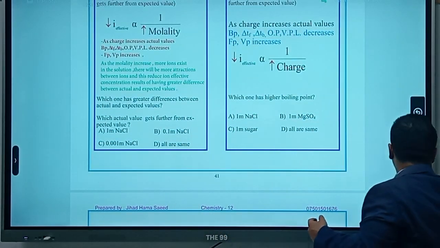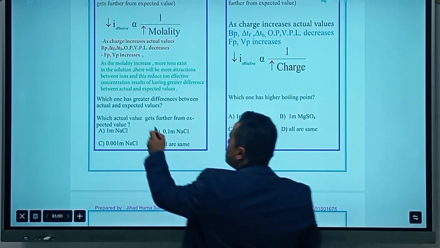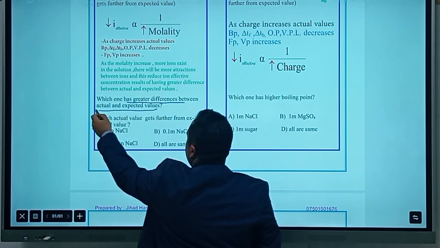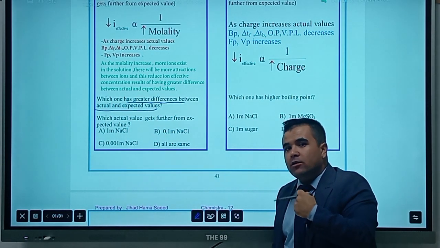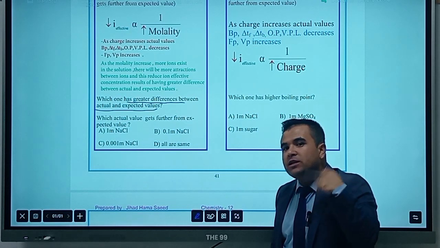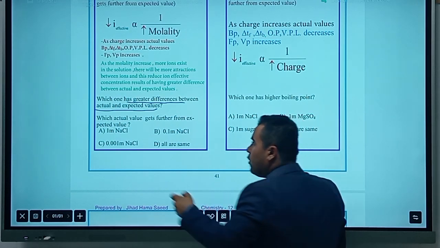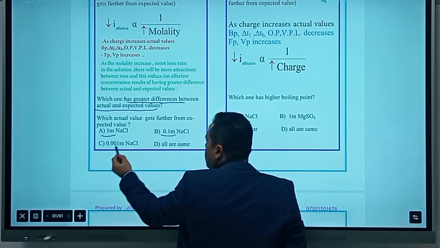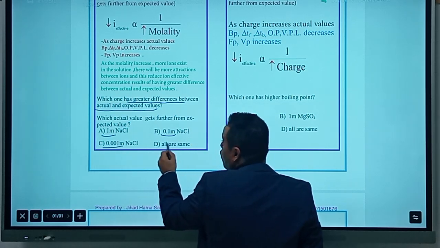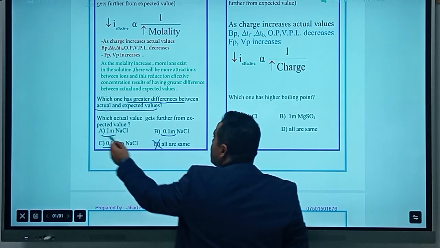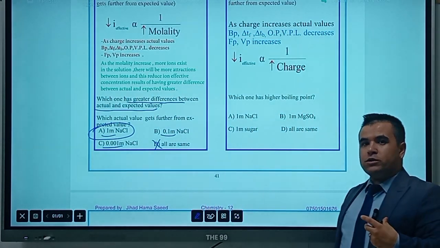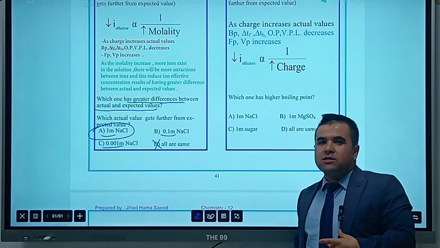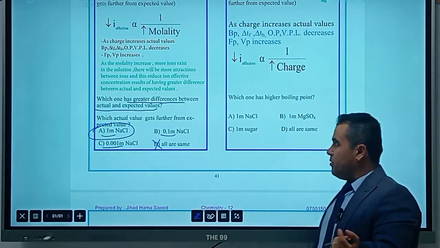Which one has a greater difference between actual and expected values? Of course, the highest molality represents the highest difference. 1 molar, 0.1 molar, 0.001 molar, all are the same. This is incorrect. C is the correct answer. Why? Because it has the highest concentration. It represents the highest difference as we saw on the table.